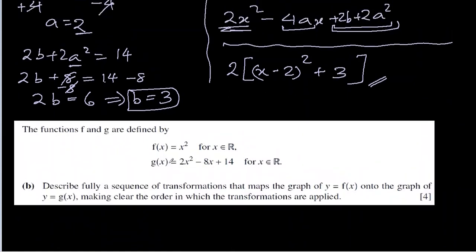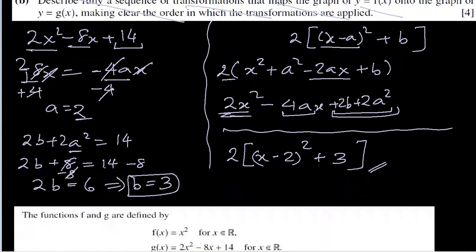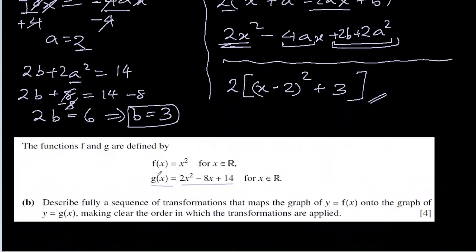The functions f and g are these, and if you look at g, it is exactly the same as in part A. 2x squared minus 8x plus 14, right? They're saying describe fully a sequence of transformations that maps the graph of y equal to f(x), this one, x squared, a simple quadratic parent function, onto the graph of y equal to g(x), this one, making clear the order in which the transformations are applied.